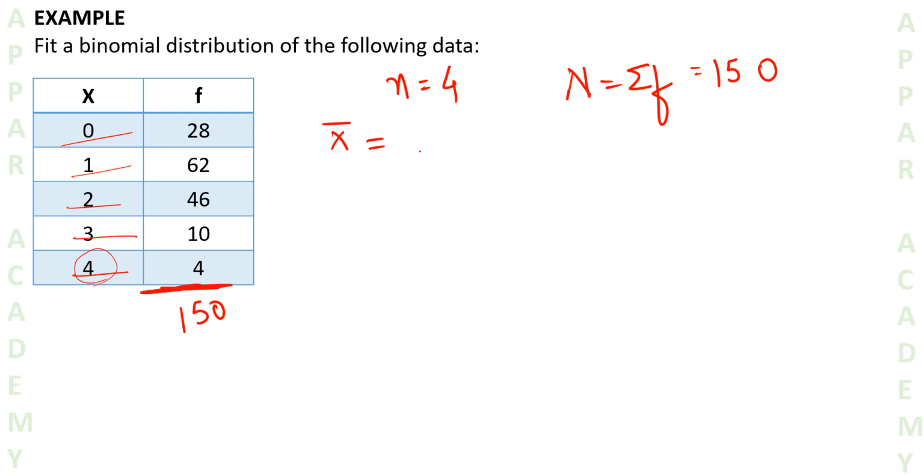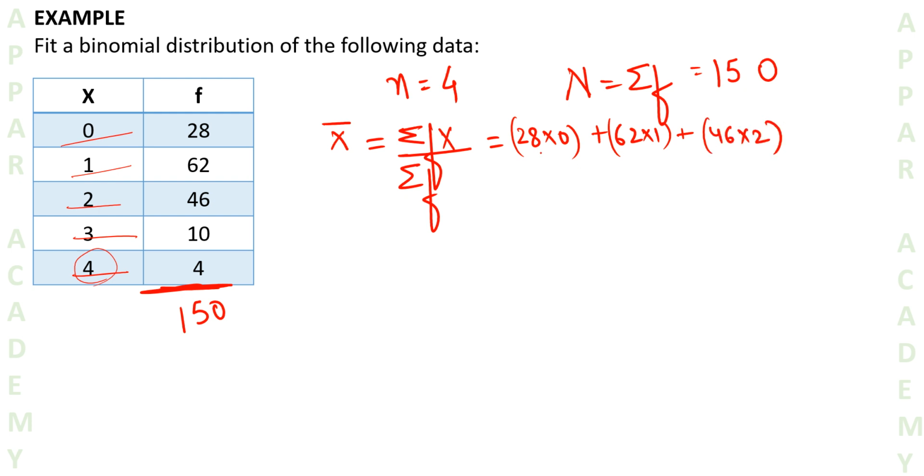We need to see the mean. The mean is simply summation fx upon summation f. So what will be fx? fx will be 28 into 0 plus 62 into 1, plus 46 into 2. This is the value of x, this is the value of my f, and this is x.